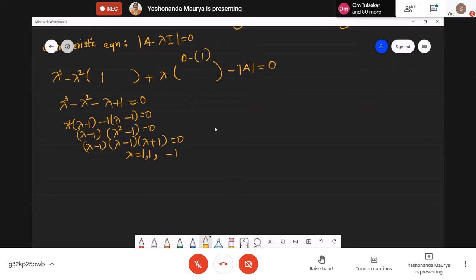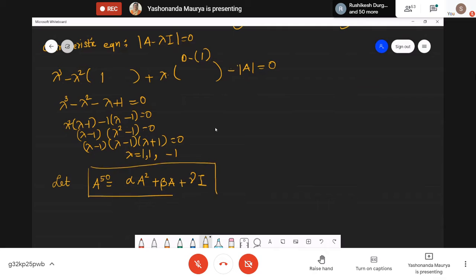Okay. Now again we want to simplify A raised to 50. So what will be the expression for this A raised to 50 now? It will be alpha into A square plus beta into A plus gamma into I. Is this step clear?